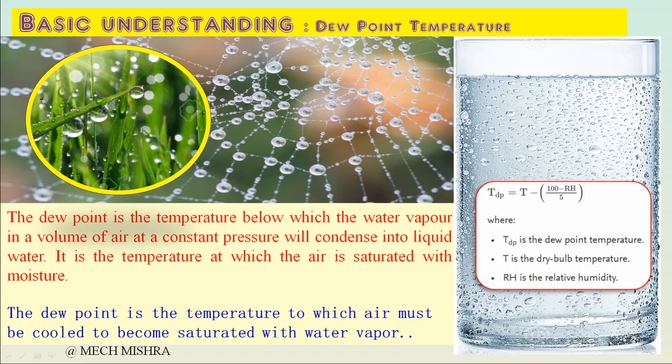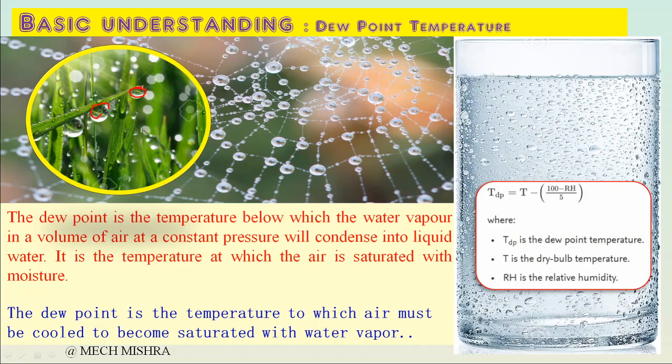Dew means the small water particles. You have seen these dews in the winter days, when the nights are slightly colder and days are little warmer. In the early morning on the grass you have seen these droplets of water, but in the night everything is clear.